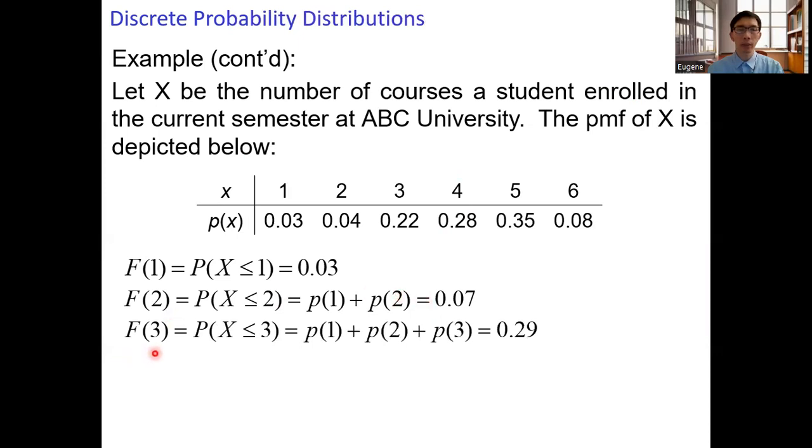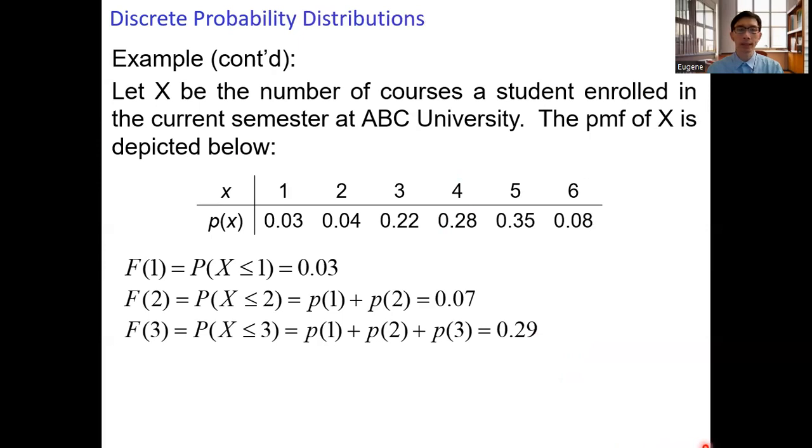And then F of 3 equals the probability that X is less than or equal to 3. So X can take on value 1, 2, and 3. Sum up the corresponding P of x: P of 1, 0.03, plus P of 2, 0.04, plus P of 3, 0.22, we get 0.29. So 29% of the students in the university take 3 or fewer courses in the current semester.